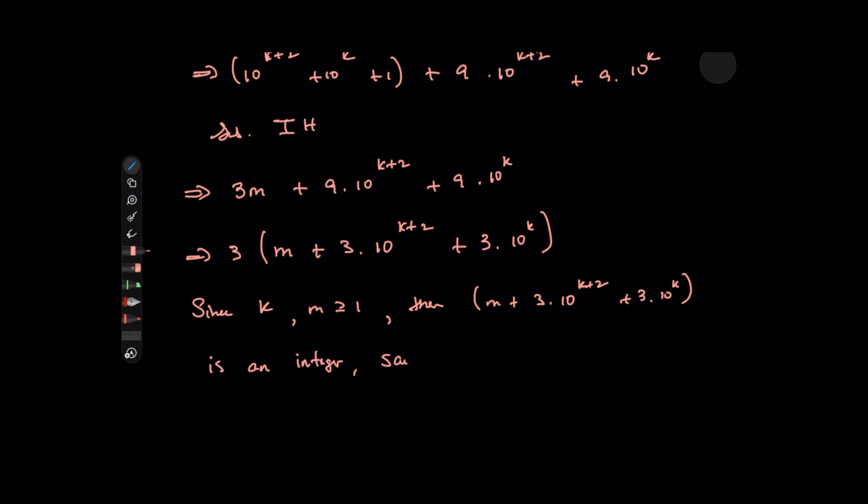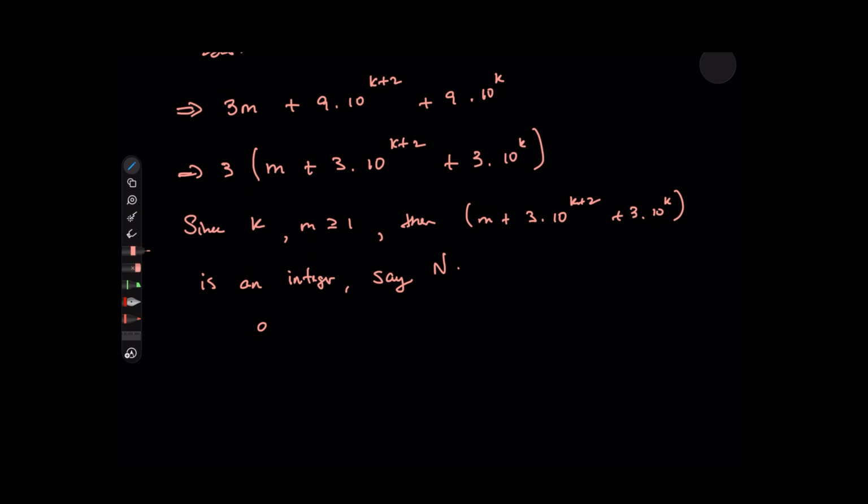Let's call it something. Say, what do I use here? n, right? Say n. Therefore, we are saying that p of k plus 1 is equal to 3 by n, right? And then n is an integer, right? And then we have the number 3. So once we multiply this, integer by integer, it will be divisible by 3 because of this 3 in front here.